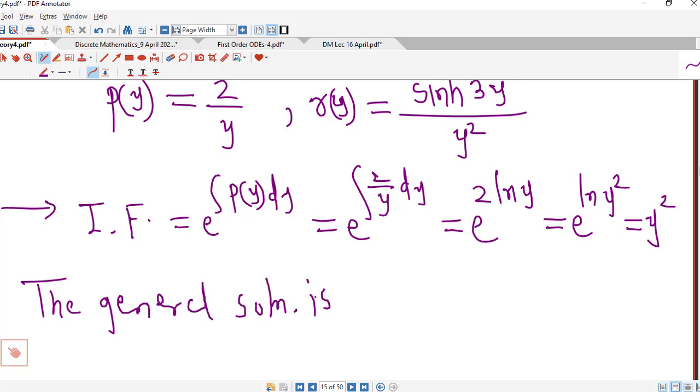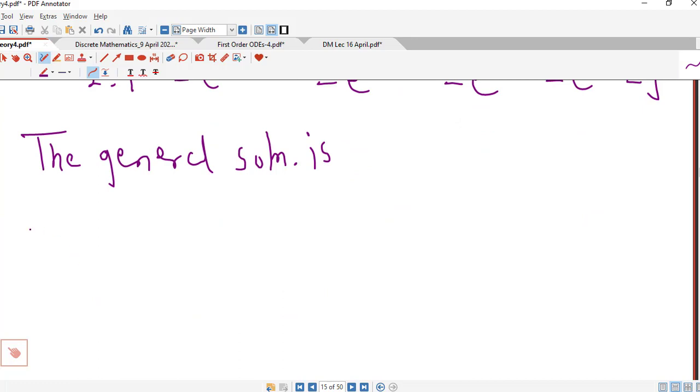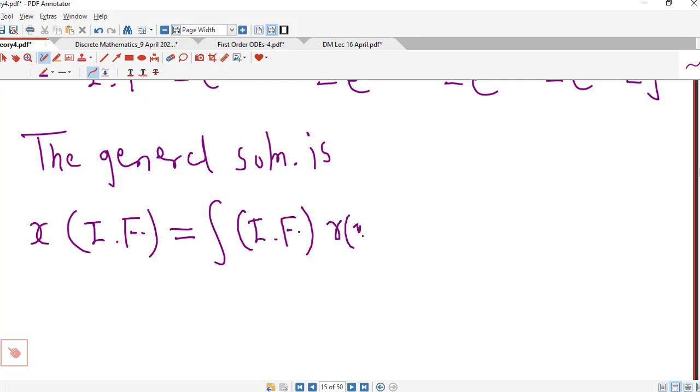The formula for the general solution is x times the integrating factor equal to the integral of the integrating factor times the right hand side, which is r(y), plus c.